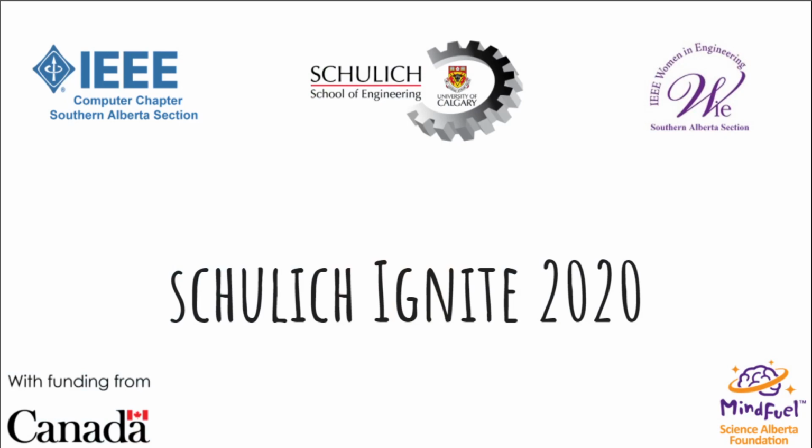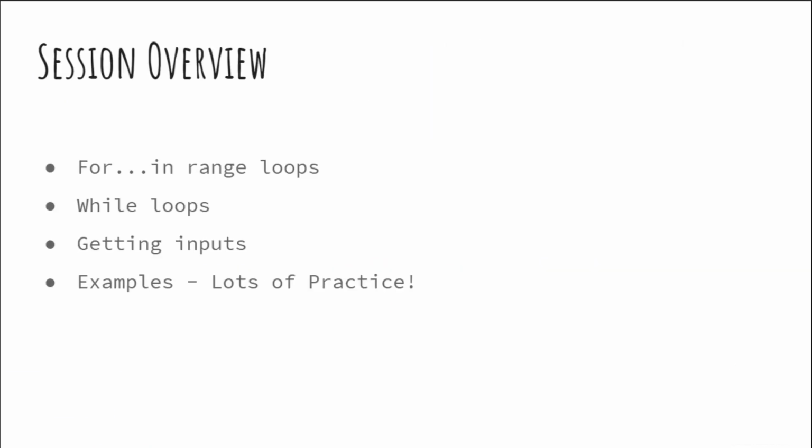So today, we're going to talk about loops some more. Last time we talked about for loops, and we went over those in the context of lists, where we're iterating over each item in a list. Today we're going to talk about for in range loops, which are a little bit different, but work much the same.